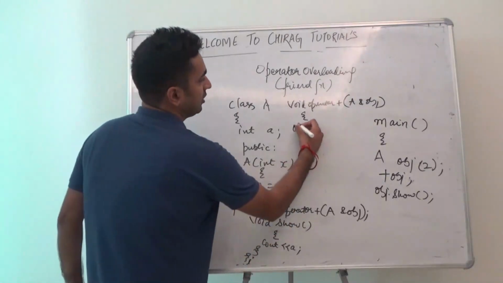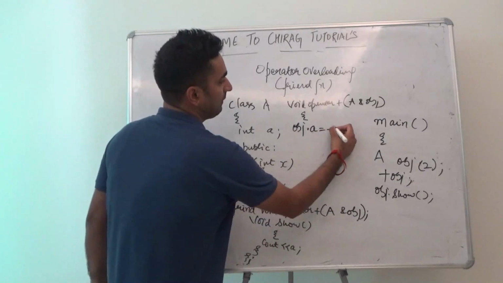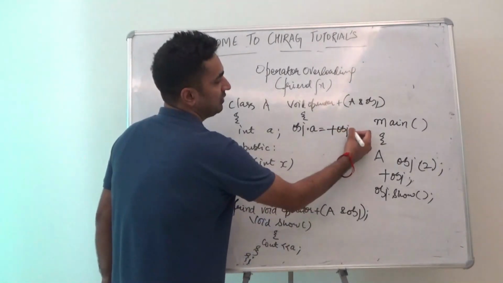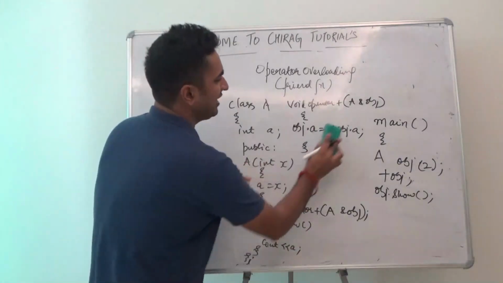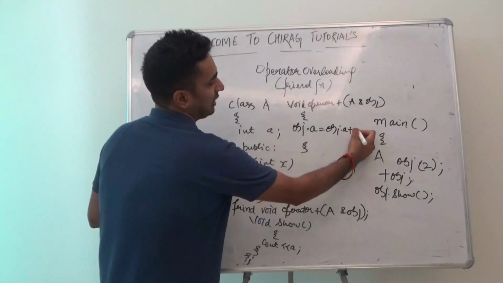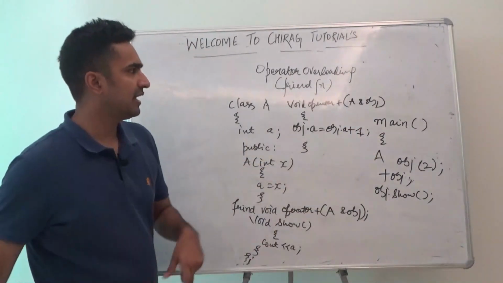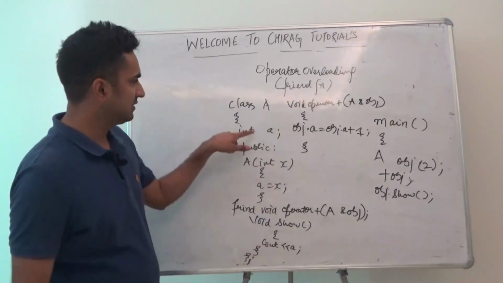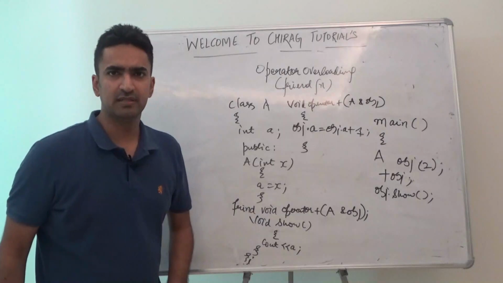So I can write obj dot a is equal to obj dot a plus 1. I can access it, obviously access this data member also.